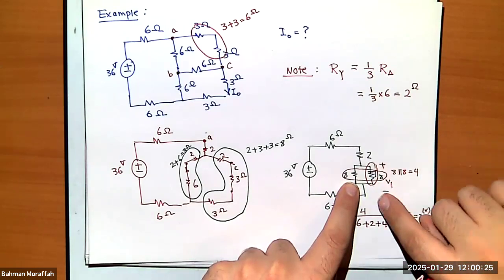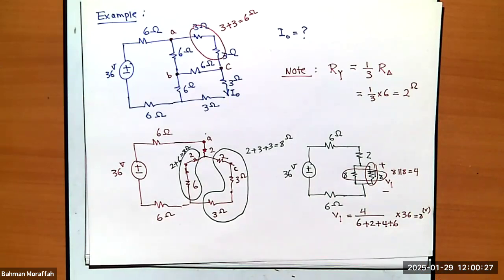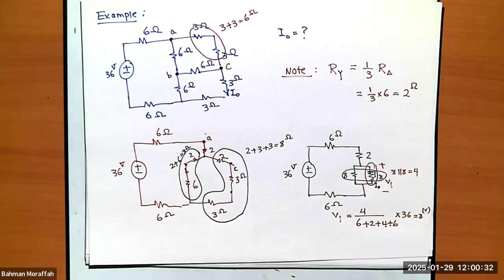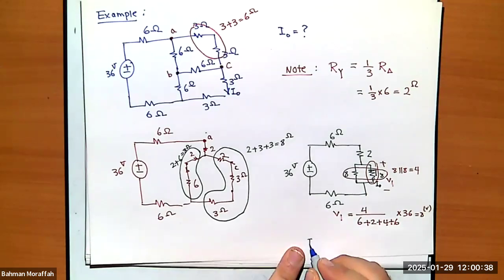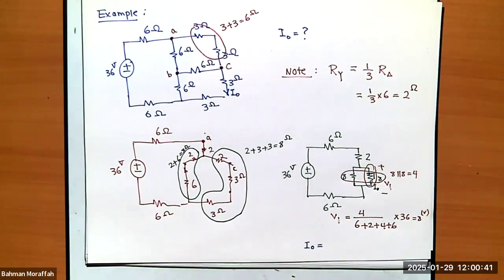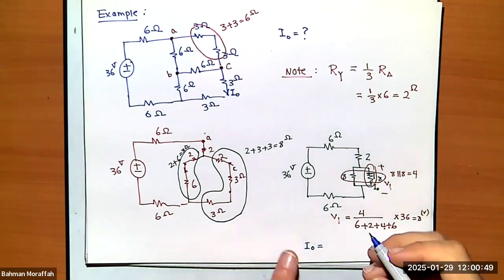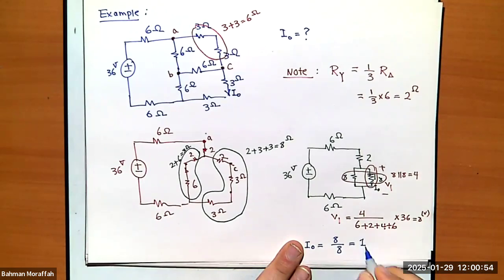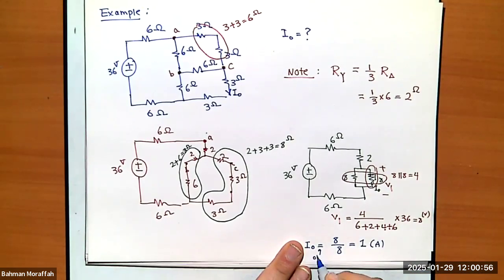If voltage across this 8 is also 8 volts, what is current through it? One. Why? Because we have Ohm's law. I know voltage across it, I know the value of the resistance, so I know current through it. That would be 8 divided by 8, which is 1 amp. And this is Ohm's law.